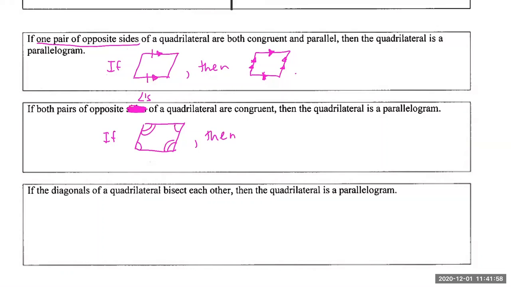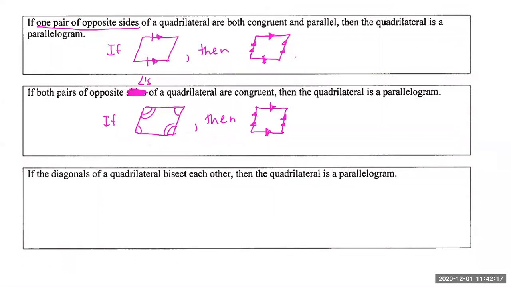Then your conclusion is that that quad is a parallelogram. So again, we have both pairs of opposite sides congruent, or both pairs of opposite angles congruent, or one set of sides is parallel and congruent.